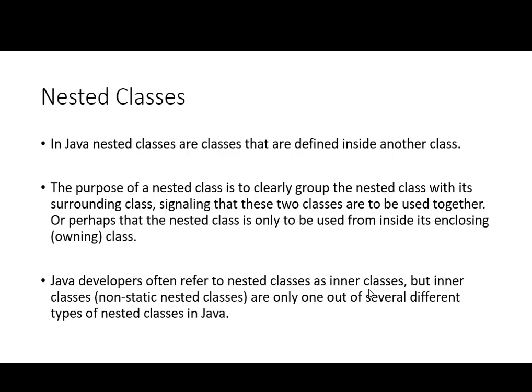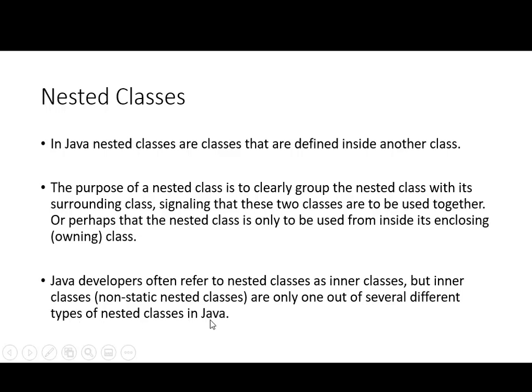Both of these words, nested and inner, can be used interchangeably. But inner classes, which are more specifically known as non-static nested classes, are only one out of several different types of nested classes in Java.